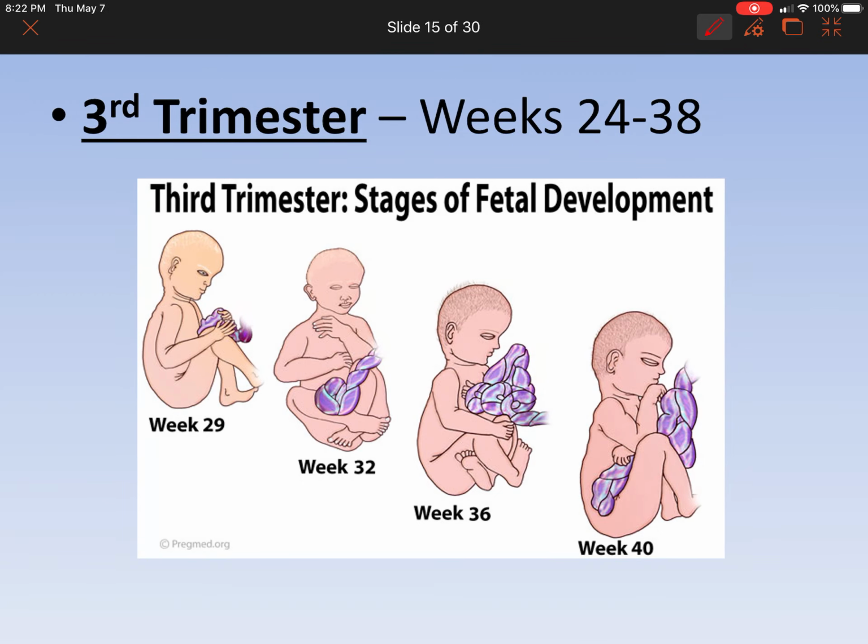Now, third trimester, the baby's growing quite significantly at this part, and it's getting much more crowded inside the uterus as well. There have been studies to show that babies in utero, so while they're in the uterus, will actually respond to an outside stimulus, like a light being shined on a pregnant woman's stomach. It's really interesting stuff.